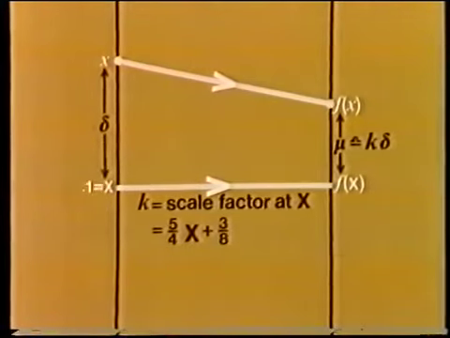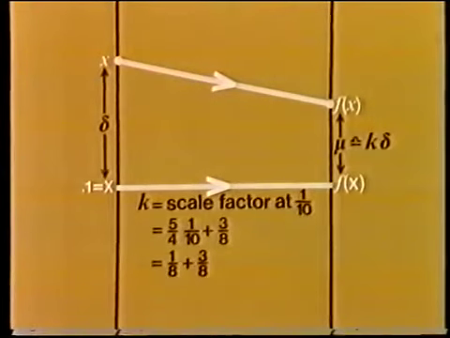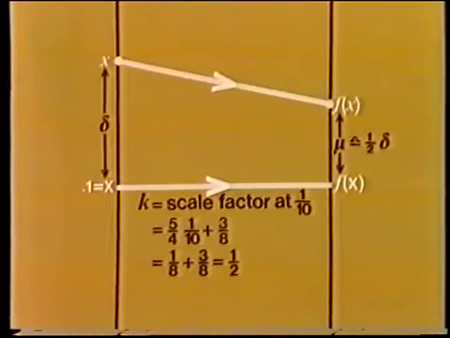And our solution, capital X, is 0.1. So when you work it out, k is a half. So in our case, mu is approximately a half of delta. The ratio of successive errors, mu over delta, is approximately a half.